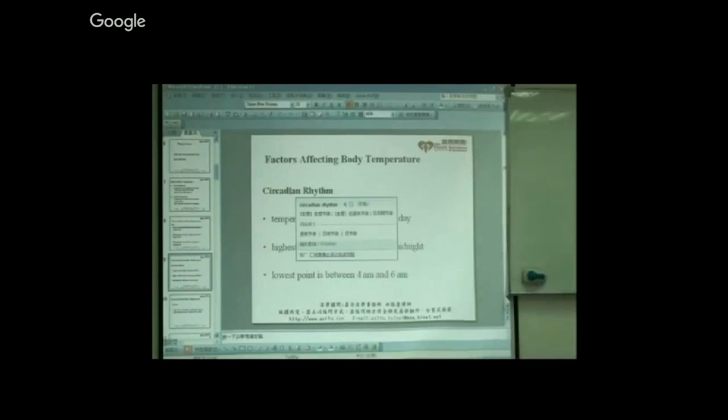This is the one controlling your activities during the day. For example, if your normal time for sleeping is 10 o'clock, every 10 o'clock in the evening your body starts to fall asleep. That is circadian rhythm.